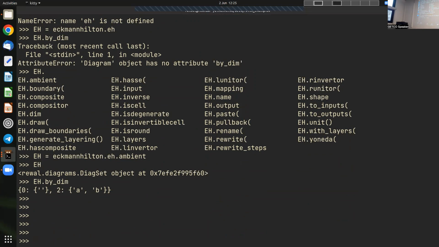So it's a bouquet of two spheres. And now you actually have a proof.